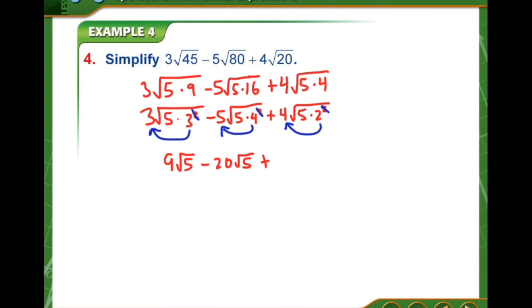And 2 times 4 is 8, square root 5. Since all of these have the square root of 5 being the same, we can actually add these all together. So 9 minus 20 is negative 11. Negative 11 plus 8 is negative 3. So this is negative 3 square root of 5, answer.